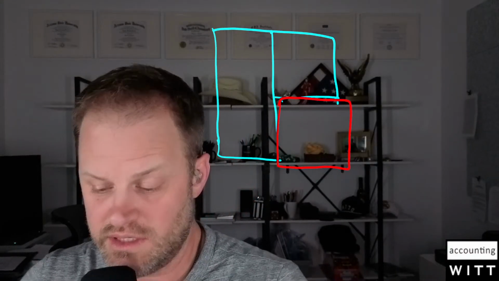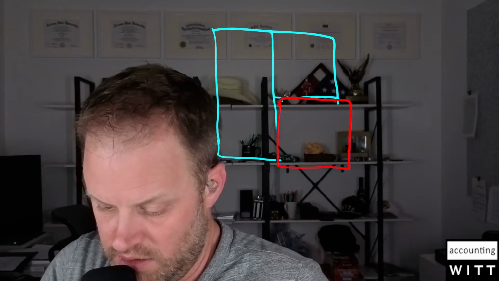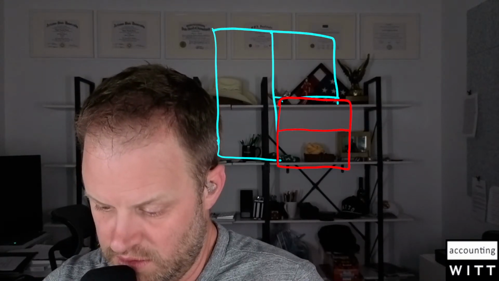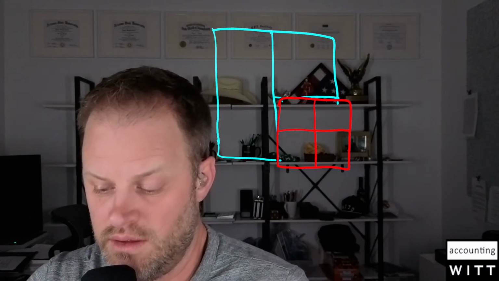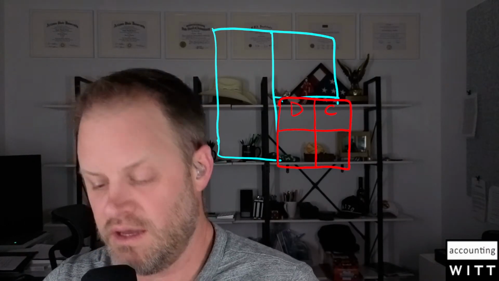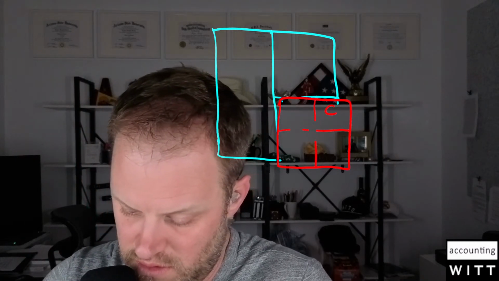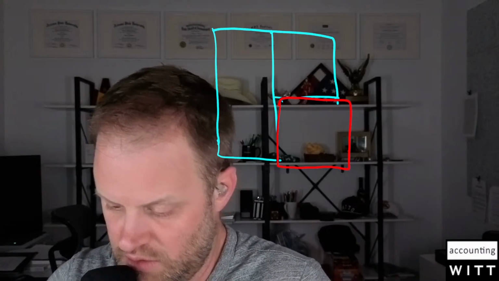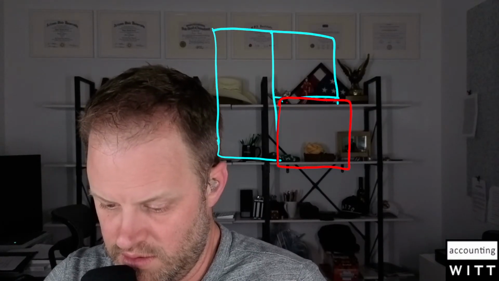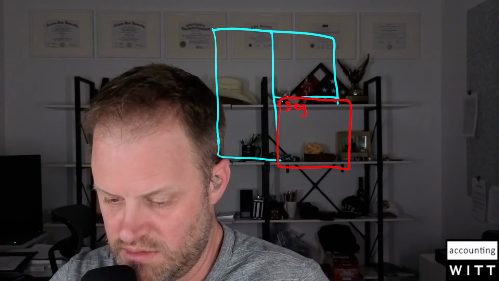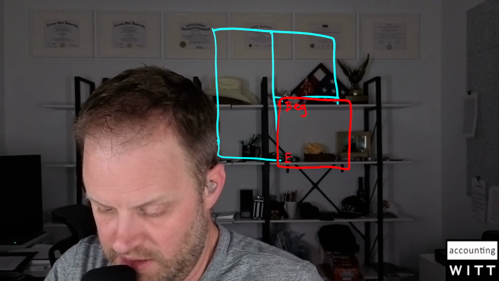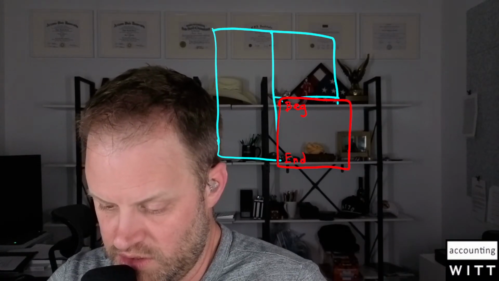We're going to show the equity section as contributions and distributions. No, actually, I did that wrong. We're going to show it as the beginning balance and ending balance.